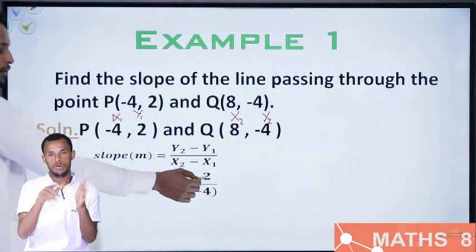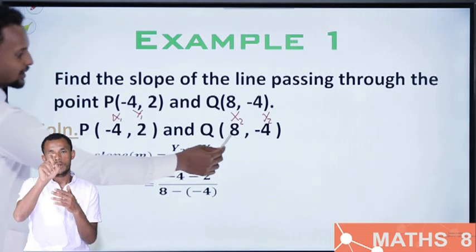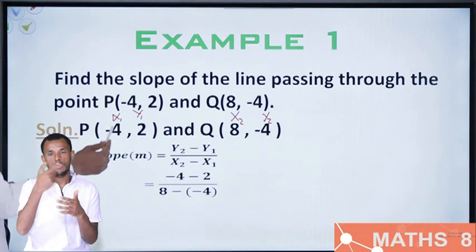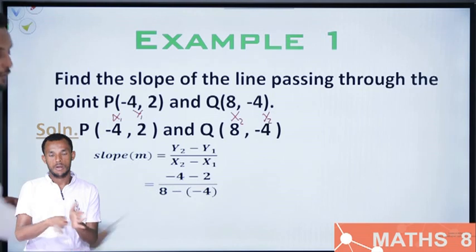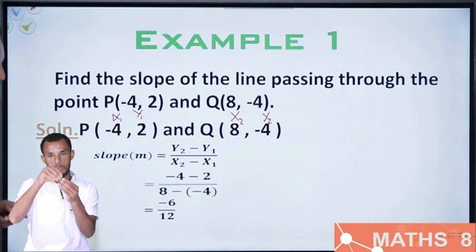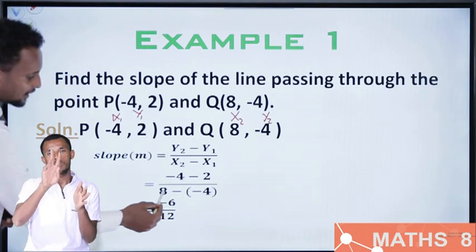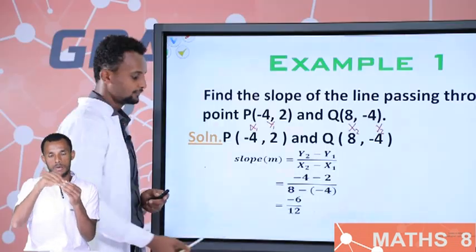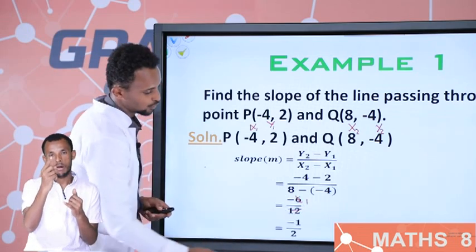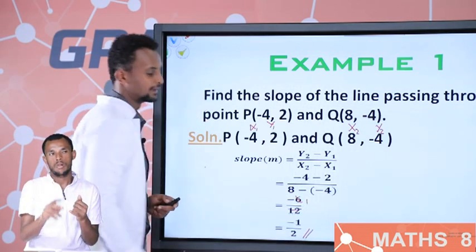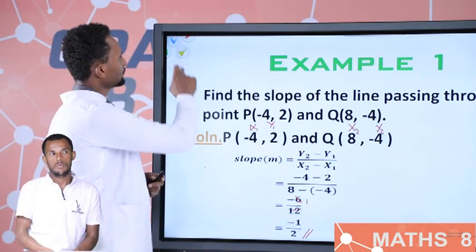Therefore, minus 4 minus 2 over the value of x2, which is 8, and the value of x1, which is minus 4. Negative, negative will be a positive value. Therefore, negative 4 minus 2 is negative 6. Then 8 plus 4 is 12. Then 6 over 12 simplifies to 1 over 2. Therefore, the slope of the line will be negative 1 over 2.